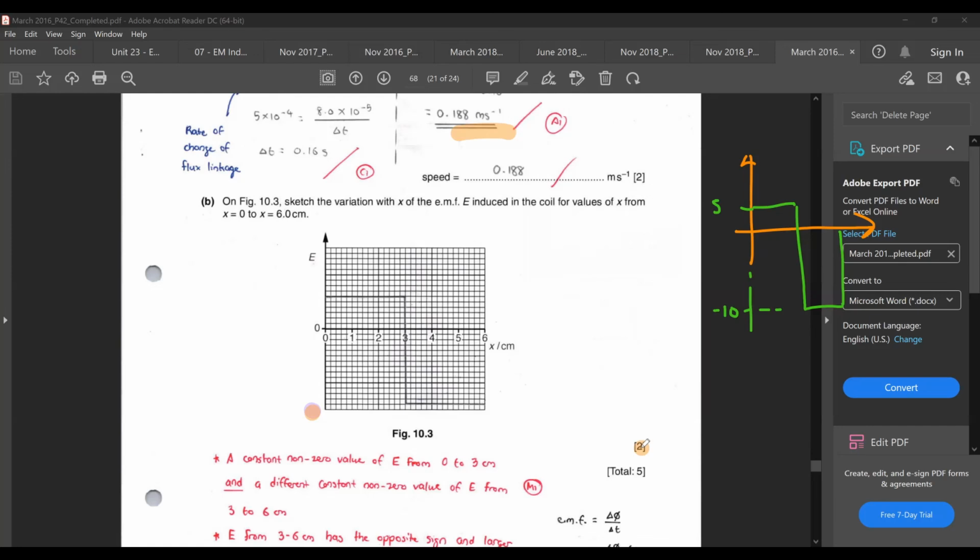So they don't really expect as much detail. If you took the effort to write on the graph that this one is 5 and this one is -10, that would be okay, but it won't be credited because the marks given here are quite limited. What they really just want to see is that this magnitude is larger than this, that's all.